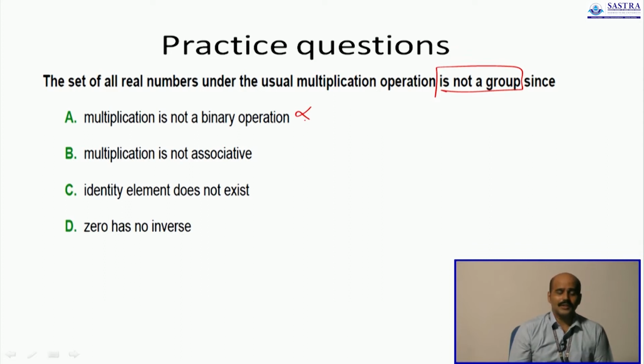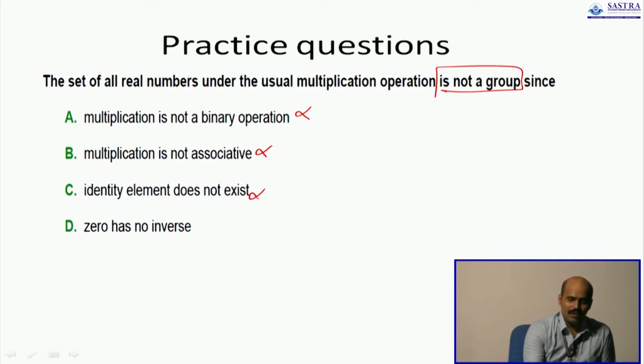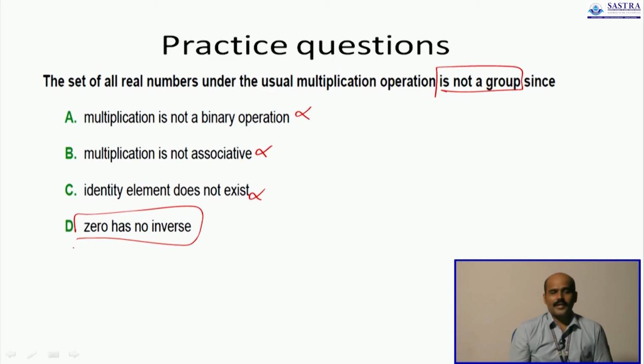Multiplication is not associative. We have already verified the associative nature, so that cannot be the reason why the set doesn't form a group. The identity element does not exist. Now we know that the multiplicative identity 1 is perfectly a real number that is part of the set, so that's not the reason either, which means the last option, which says 0 doesn't have an inverse, is right.